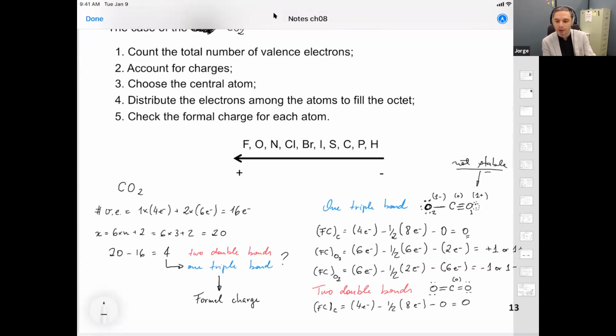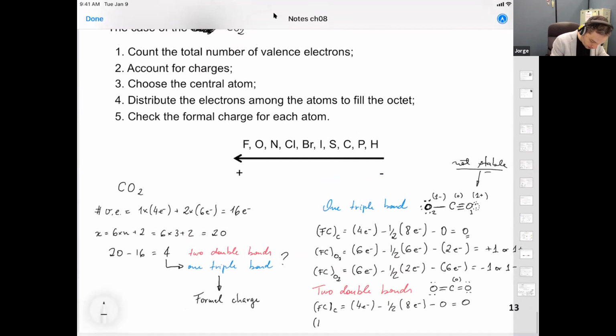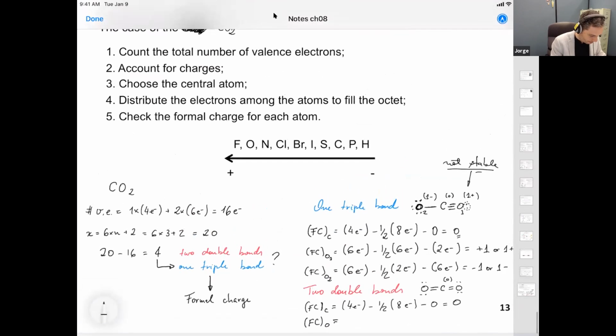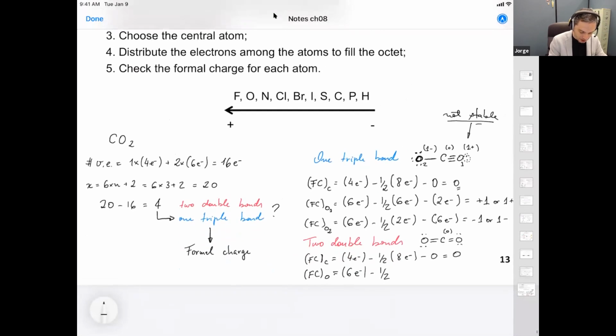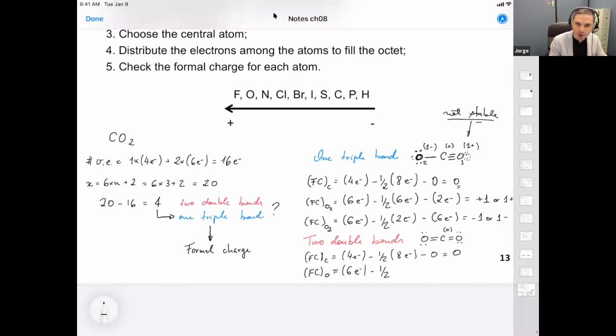The problem here was the oxygen. So let's see if we solved this problem for the oxygen, making 2 double bonds instead of a triple and a single. Now let's calculate the formal charge for the oxygen. Again, number of valence electrons, 6, minus half of the number of bonding electrons. Each trace counts as 2.